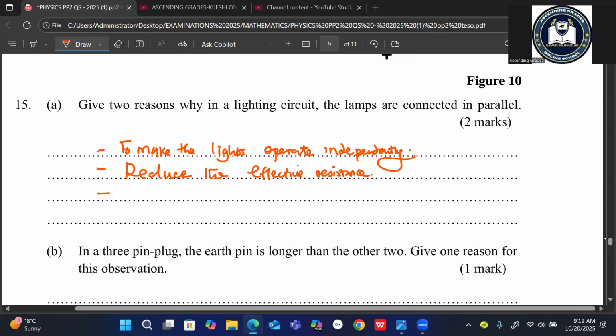We can also have to make them operate at the same potential. Make them operate at the same potential.